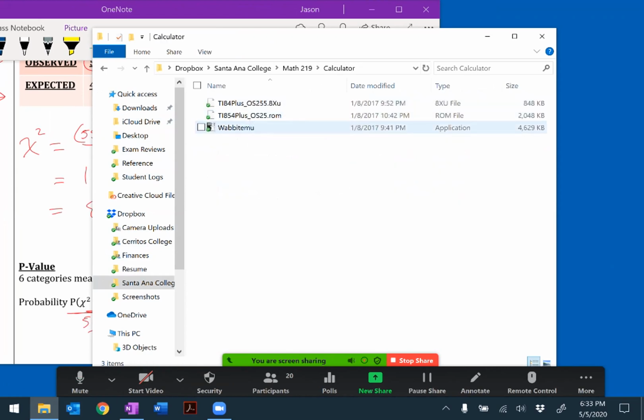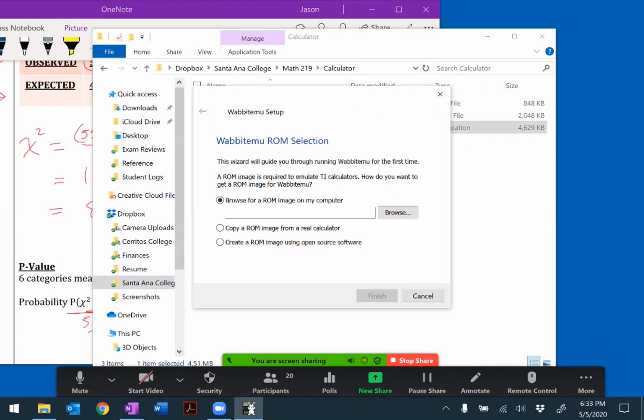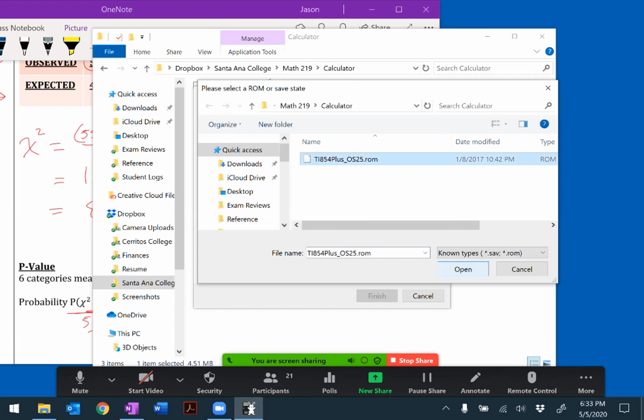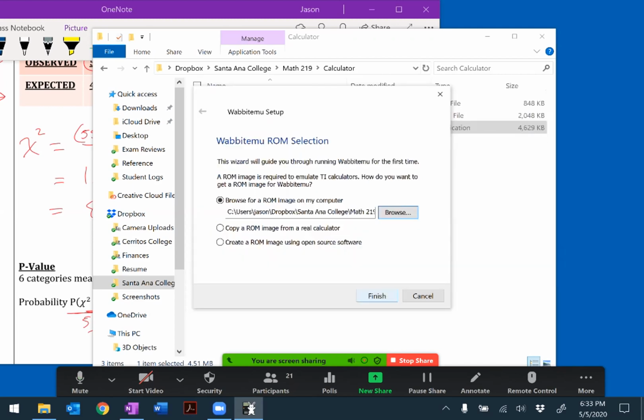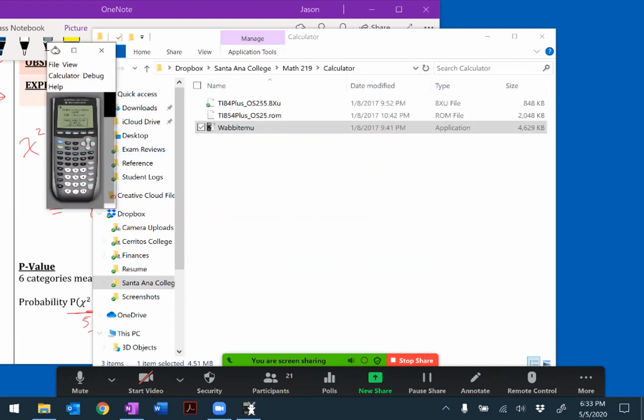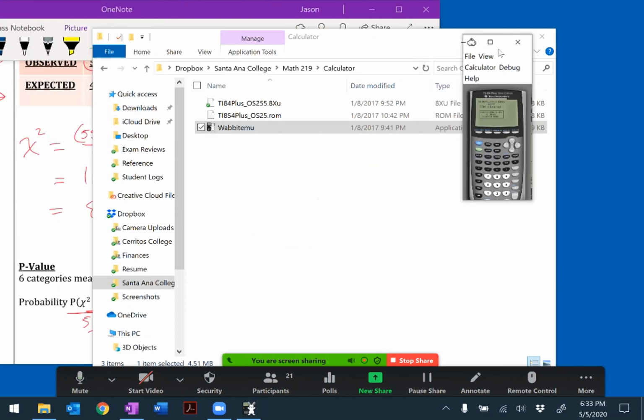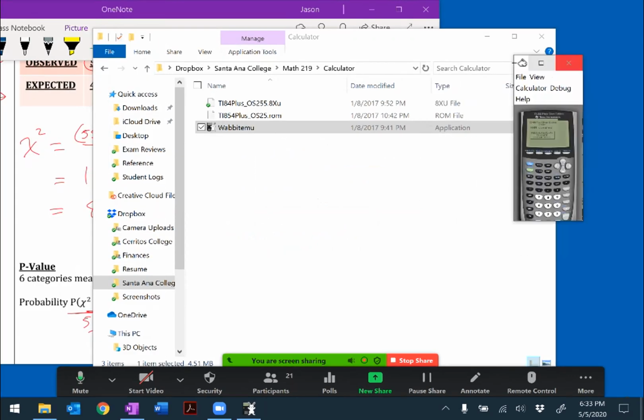I want to browse on my computer. Okay, and there's my tiny calculator.